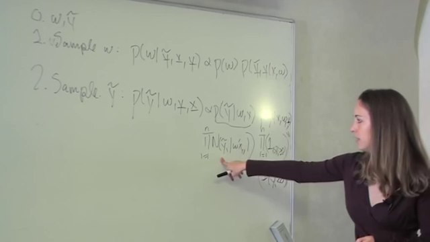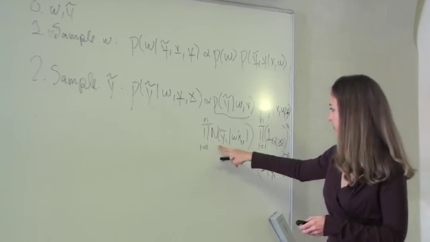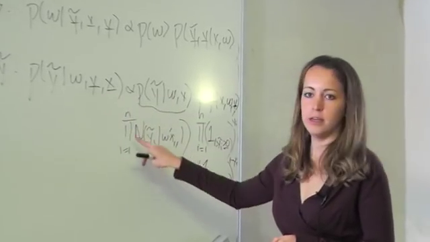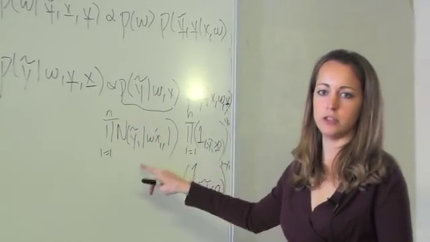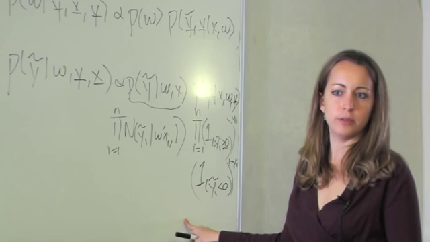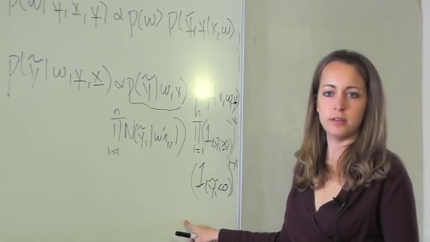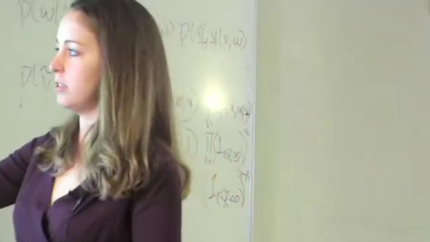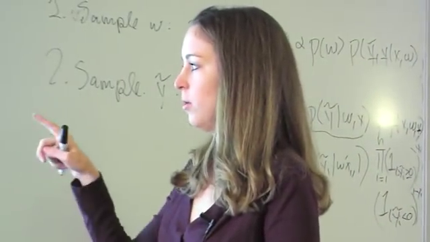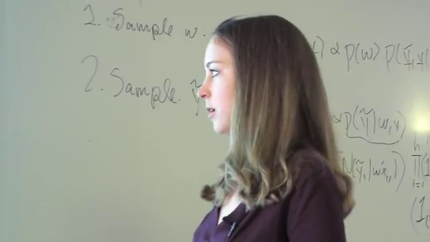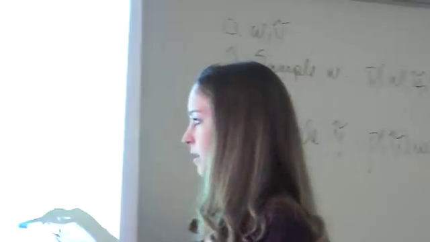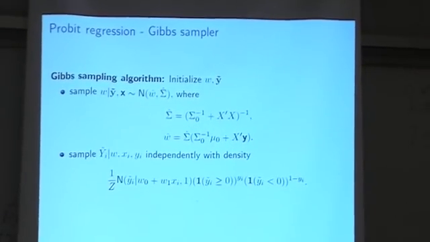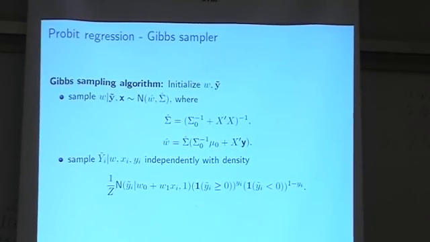You see here that these yi tildes are conditionally independent with a truncated normal distribution. So we can just sample each yi independently with a truncated normal distribution. This is typically done here using the inverse transformation method, the first method that we saw.